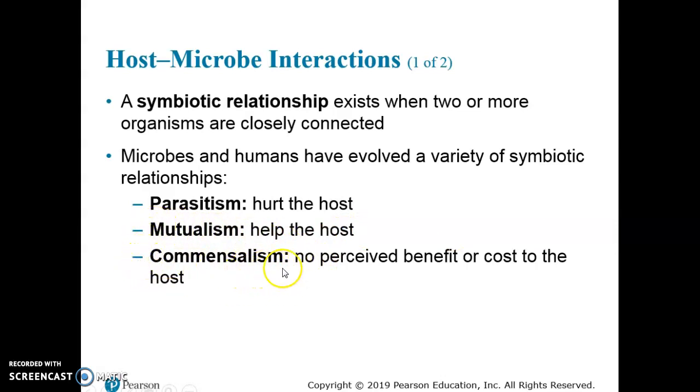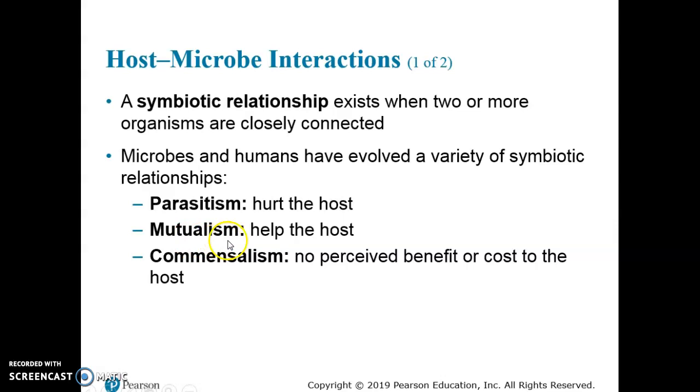The commensalism: no perceived benefit or cost to the host. So if you look at it from the standpoint of the bacteria, many of the bacteria that live on us are commensals. And that's sometimes a way to refer to the bacteria on us. They're commensals. We don't actually have any benefit, and it doesn't cost us anything to have those bacteria on us.